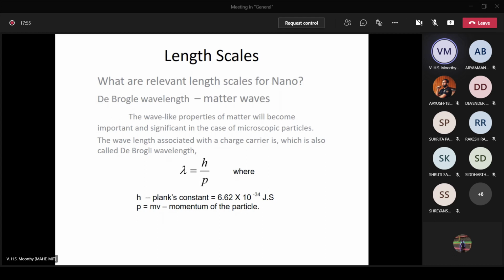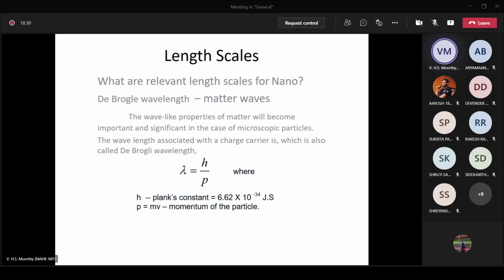So what we talked about in the previous class is that in nanoscience and technology, we are concerned with a material which is not macroscopic, nor even microscopic, but nanoscopic. The number of atoms in that solid is very small in comparison to micro or macro materials.